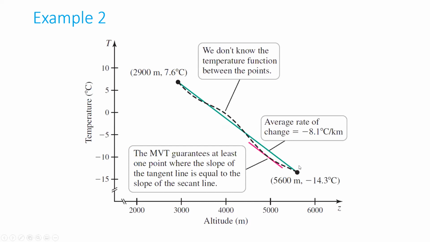Because we can find the slope of that line there, we don't exactly know what the temperature curve is, but we can argue that by the mean value theorem, there must be some point in between here where the rate of change is what we said, negative 8.1. And so therefore it must have some points where the lapse rate goes above 7.